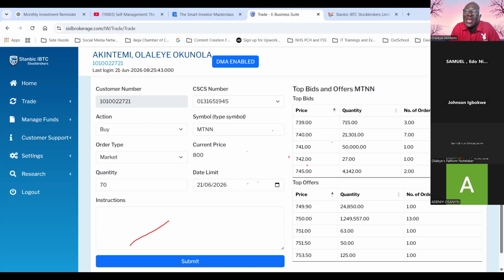Stanbic allows you to buy any quantity you want at any price. 1 unit of MTN is about 800 naira. If all I have in my wallet is 800 naira, Stanbic will allow me to buy MTN. But Bamboo will not allow you. I don't know what Afri Investor will do.